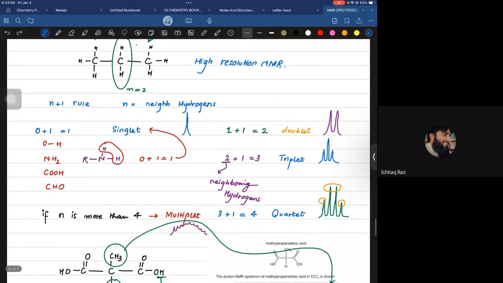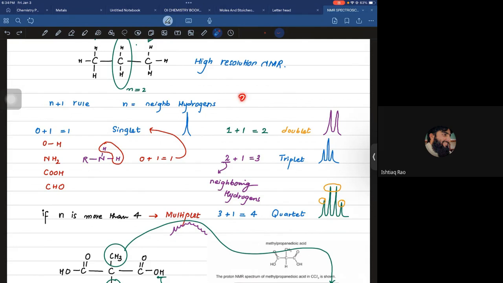So if n is equal to 0, like there is no hydrogen present in the neighbor of the particular proton or hydrogen, you can say, it would give you only one singlet.